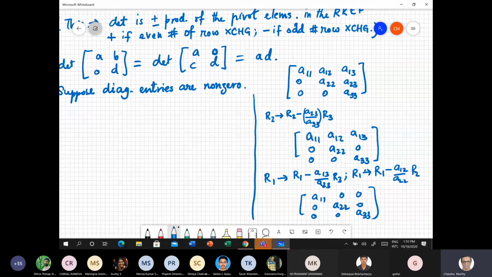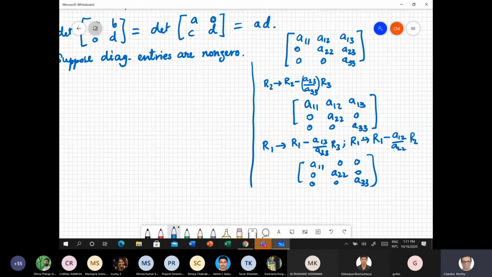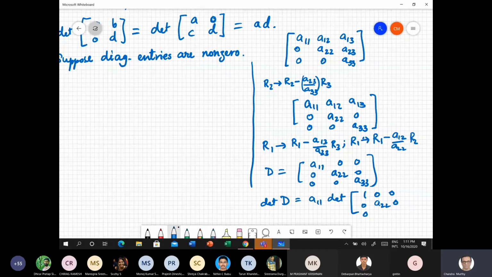But for a diagonal matrix, the determinant is very easy to find. What I do is I first recognize that I can take out A11 from this because it's linear in the first row. It's linear in A11. So if I take this matrix and let me call it D, then determinant of D is equal to A11 times the determinant of this matrix 1, 0, 0, 0, A22, 0, 0, 0, A33.